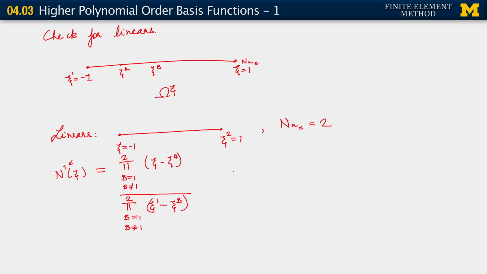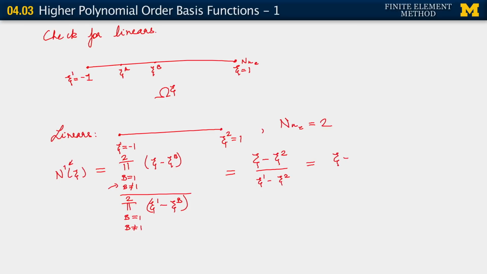Let's work this out in greater detail. The numerator has a single term in the product. It is ξ minus ξ_B. We look at the limits here. B goes from 1 to 2, but B cannot be equal to 1. So B has to be equal to 2. And in the denominator, again, we have ξ_1 minus ξ_2. So the numerator is ξ minus ξ_2.